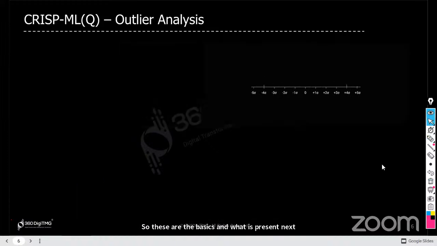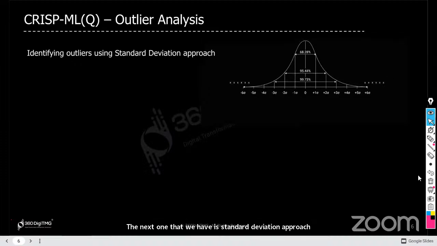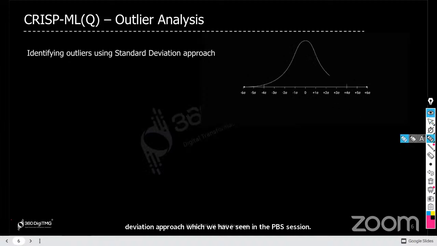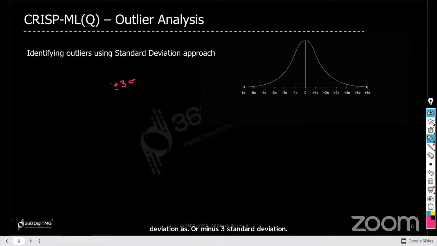The next one that we have is the standard deviation approach. We are identifying the outliers using the standard deviation approach, which we have seen in the previous session. Suppose I take plus or minus 3 standard deviation, like x bar plus or minus 3 standard deviation.